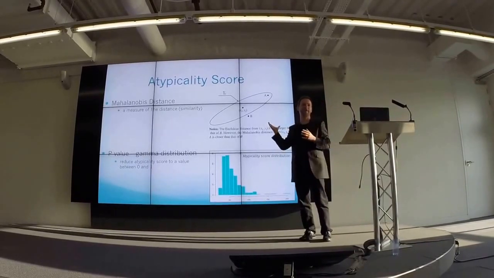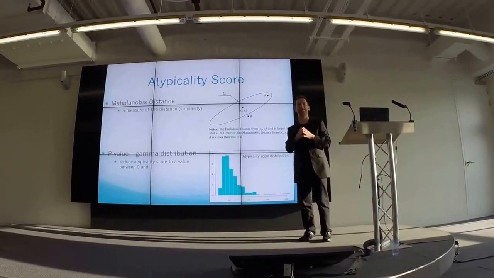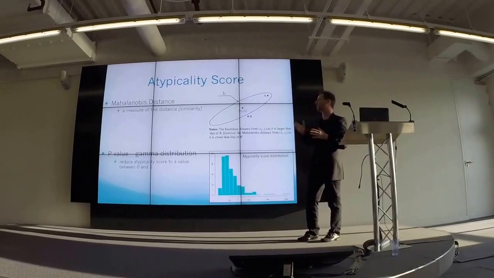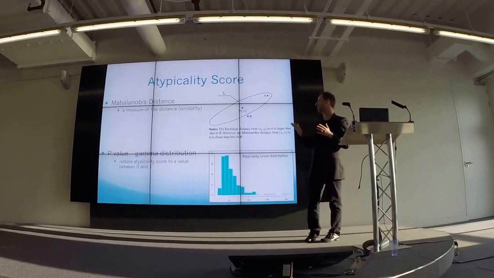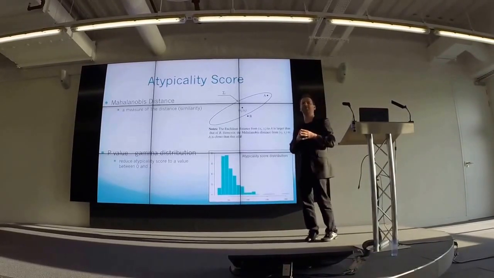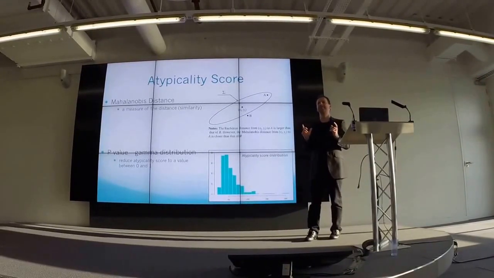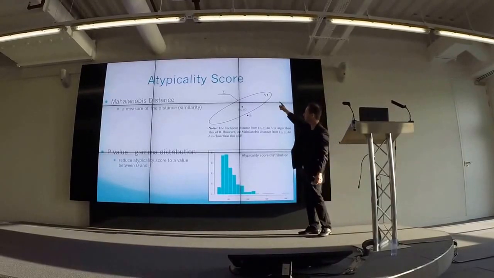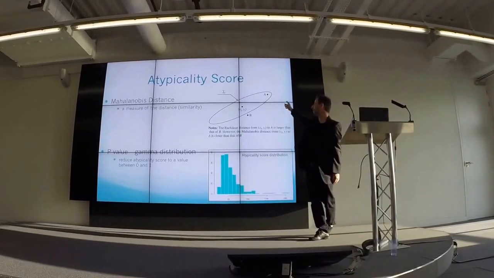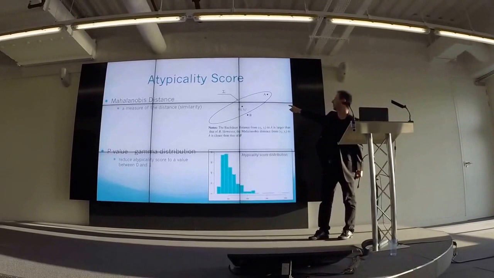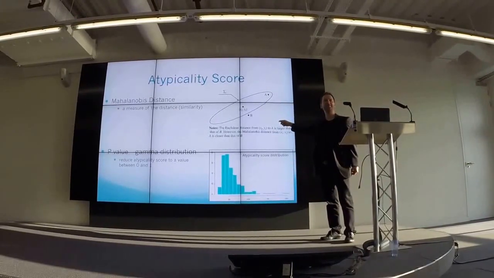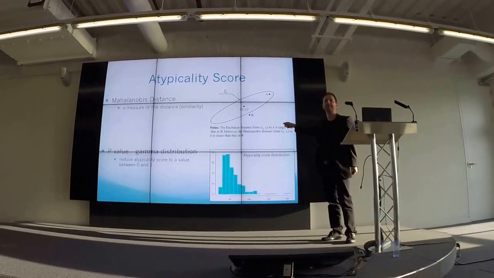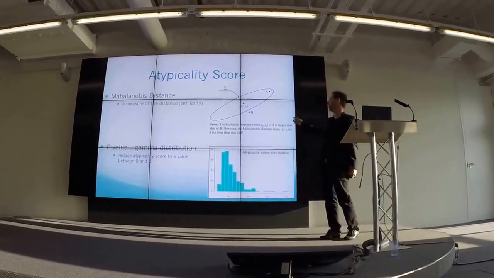So then we have this thing which most people with a background in statistics are familiar with. It's called the Mahalanobis distance. What Mahalanobis distance does is take into account the shape of the distribution in each dimension. For example, if you look at the points A and B, A is much farther from the center of the distribution than B. So Euclidean distance would say A is atypical.